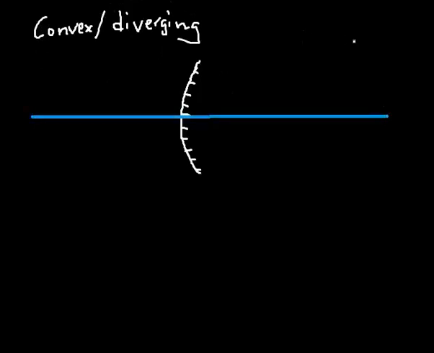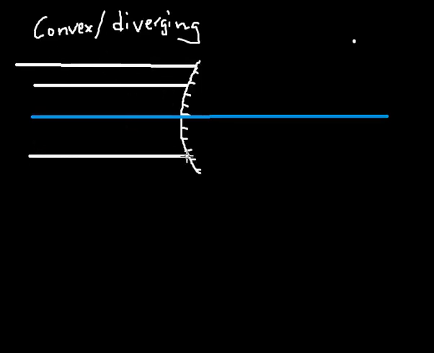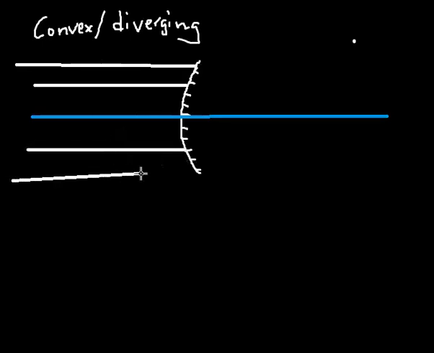Now, in the case of a diverging mirror, the parallel rays of light that are incident on the mirror will reflect, but after the reflection they don't converge; rather, they move away from each other.